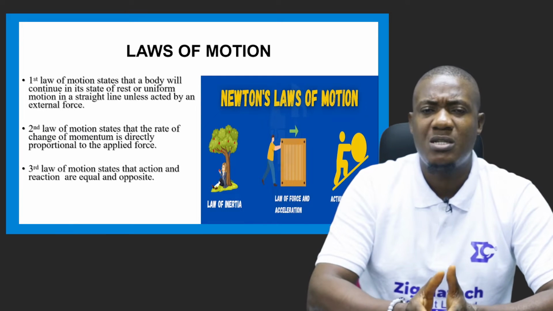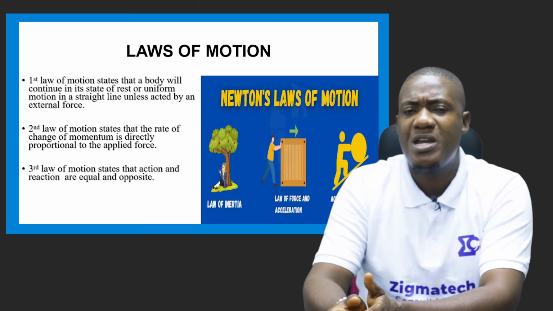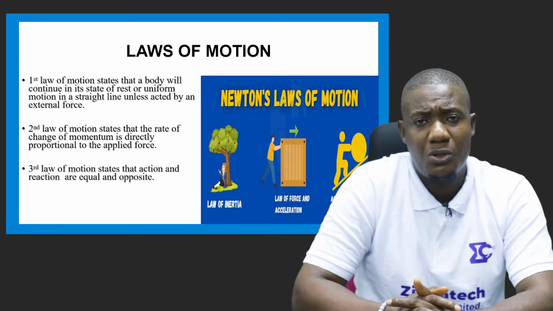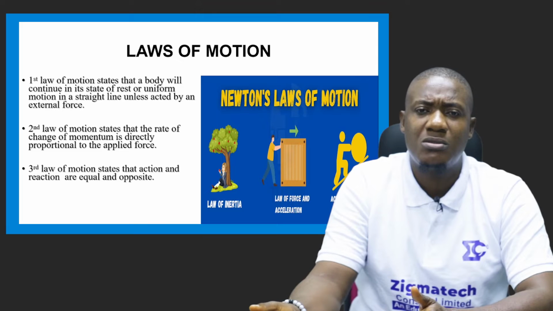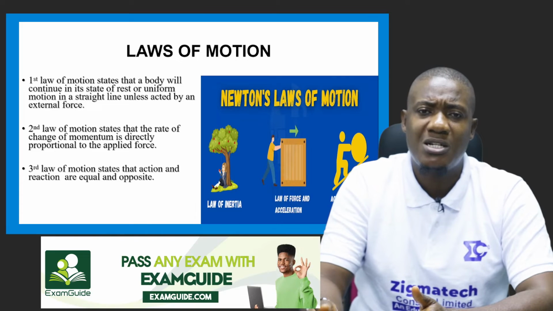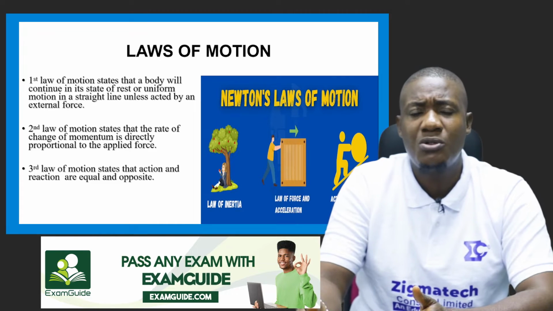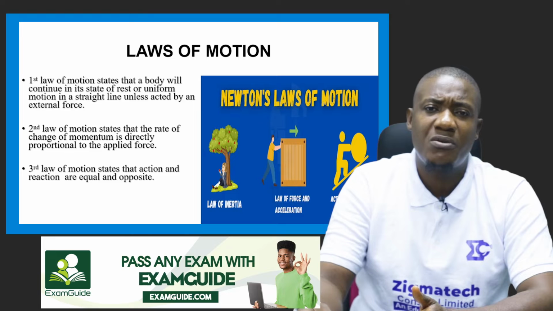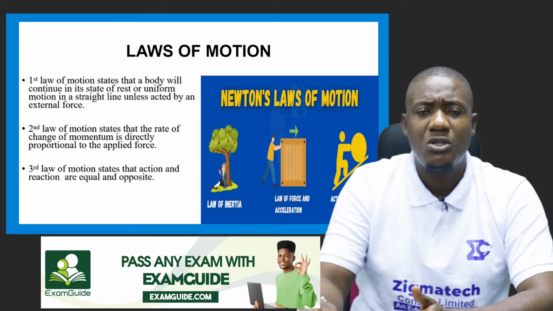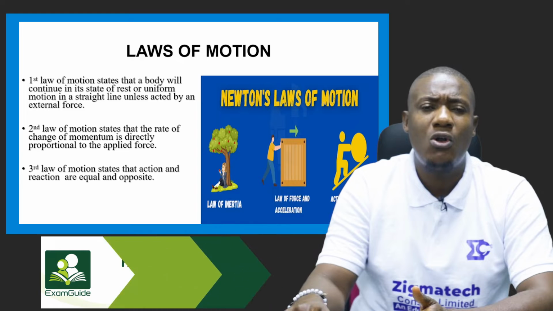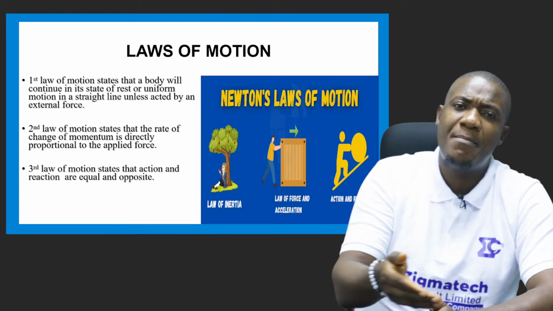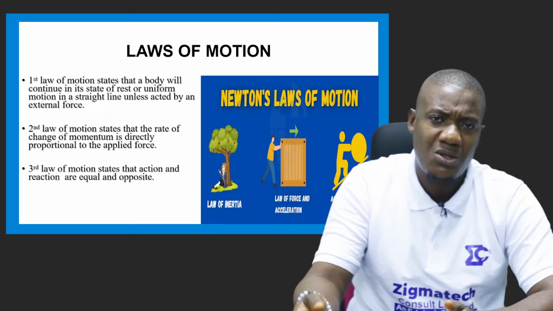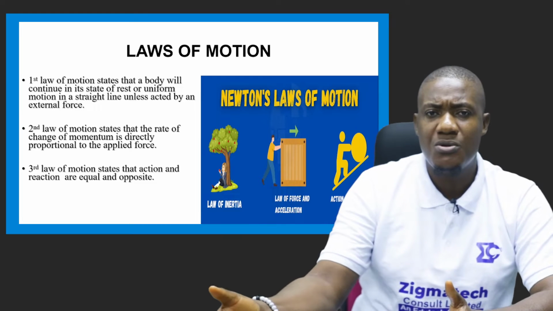The force is equal to ma, where m represents the mass of the body and a is equal to acceleration. You already know that acceleration, as I told you in my previous video, is the rate of change of velocity of a body. So if you have mv minus mu all over t, we can bring out m outside, which is a common factor of mv and mu.